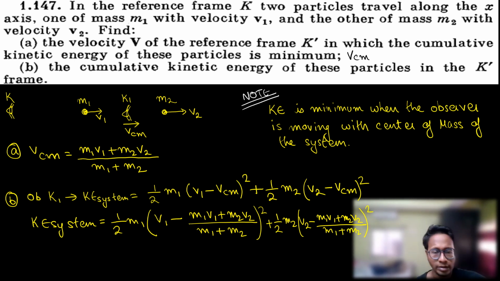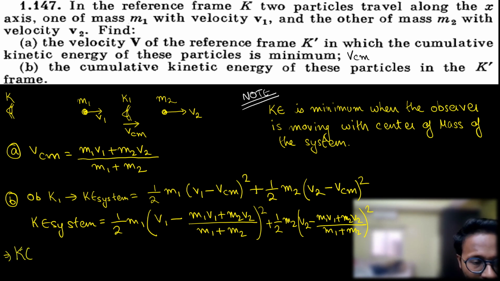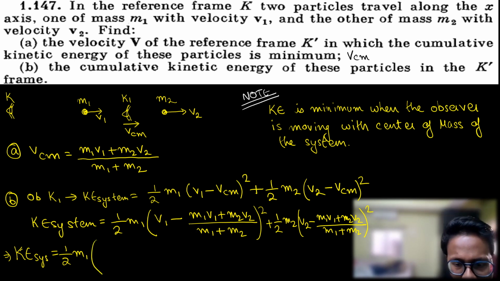Okay, so out here, the kinetic energy of the system as seen by K1 is nothing but half m1. Can I take m1 plus m2 as LCM? So if I take m1 plus m2 as LCM, I have to multiply v1 by this.